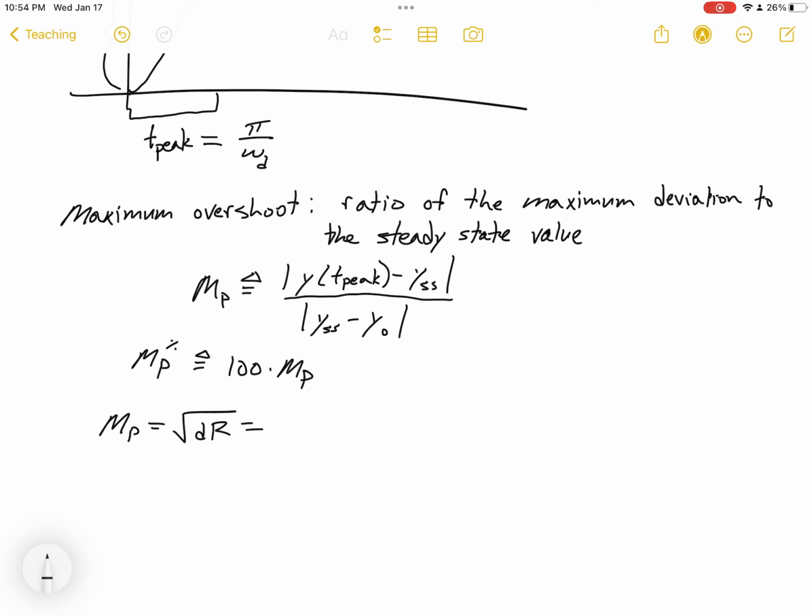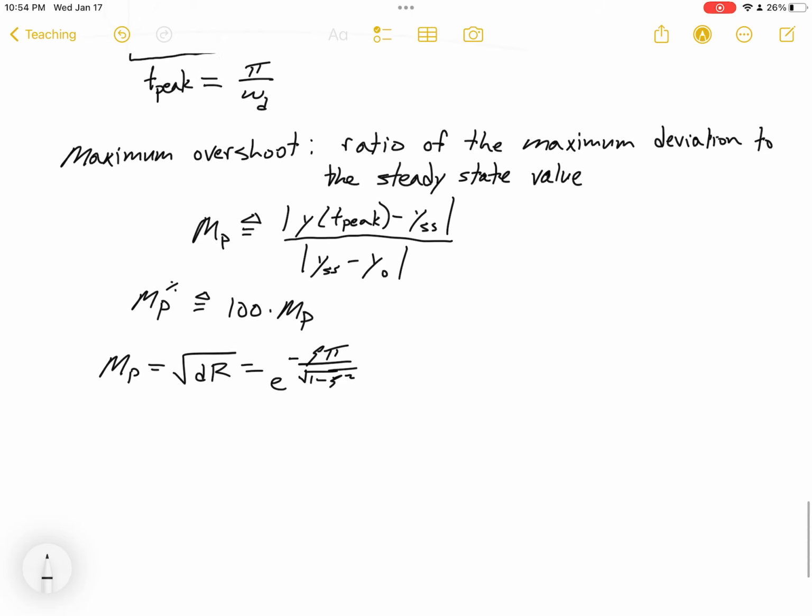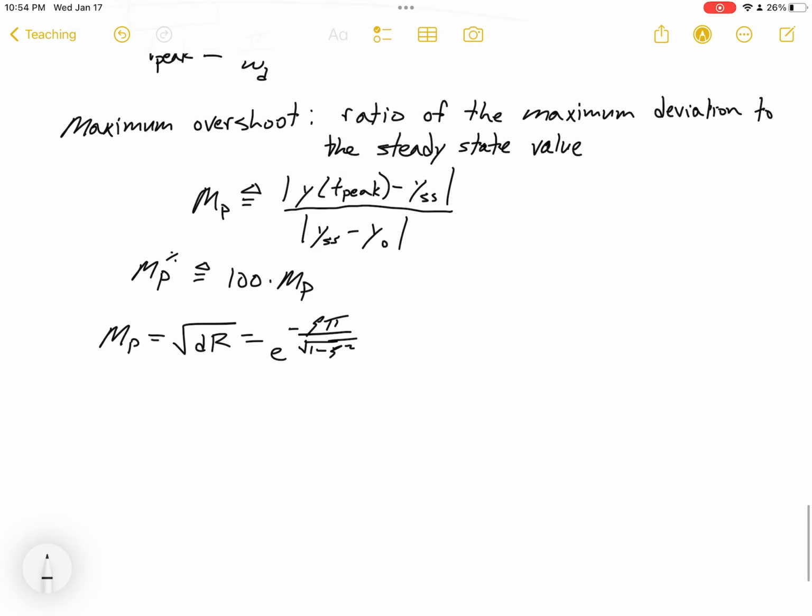It's also related to zeta: e to the minus zeta times pi over the square root of 1 minus zeta squared. And because it's related to the decay ratio, it's also directly related to zeta. So if you measure the maximum overshoot, you can directly get zeta with this expression, which is kind of a mess, but we'll go ahead and write it out.